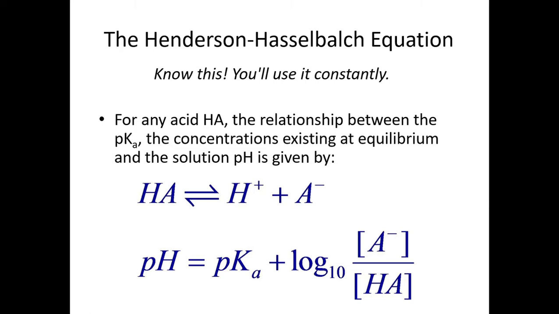Let me first explain what the pKa is. The pKa is equal to negative log of the K sub A. So every weak acid has a unique K sub A that can be looked up in a table, in your text or online.